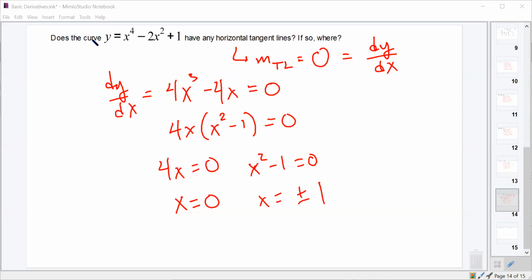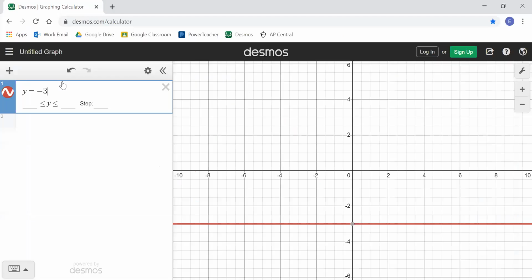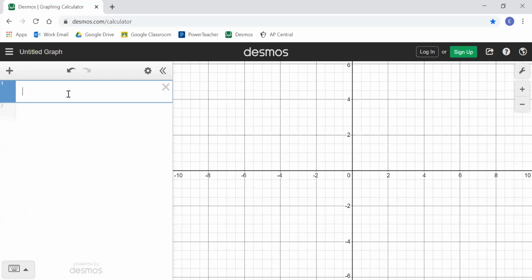So what we need to do now is take a look at the graph. One second, I'll pull the graph. Okay, sorry, you guys can see the graph up there now, I hope.